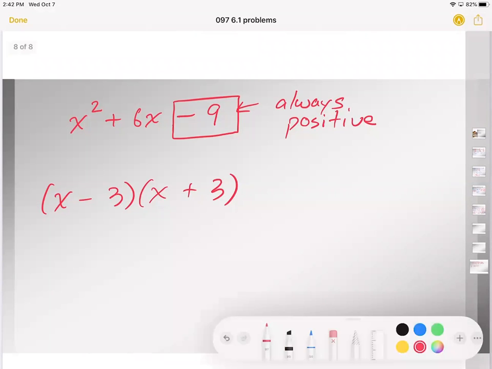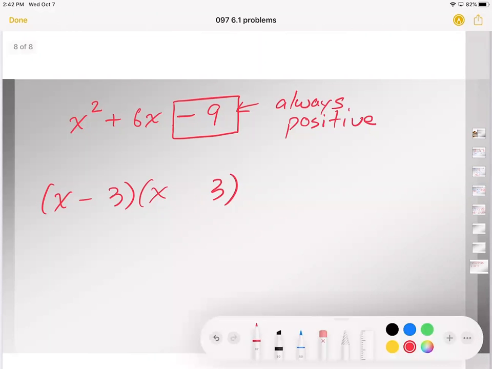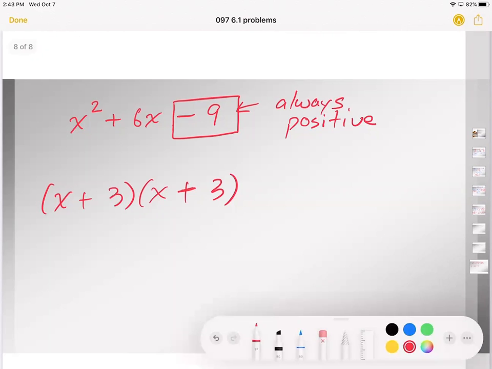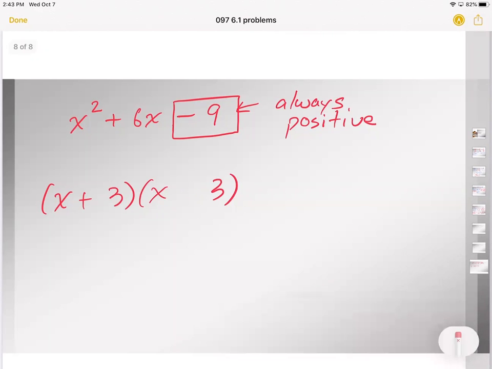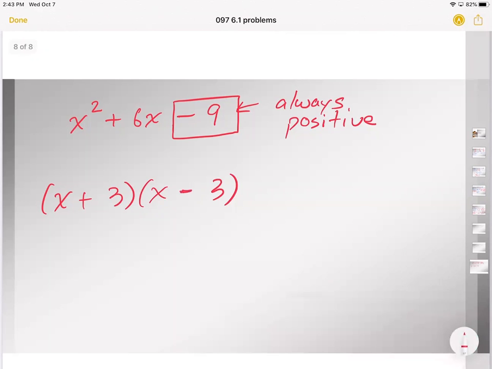If you put this thing here, you can see -3 times -3 is not -9, right? And if you put positive 3 times positive 3, it will not give you a -9. So the only way that you can get a -9 is one of them has to be positive and the other one has to be negative.